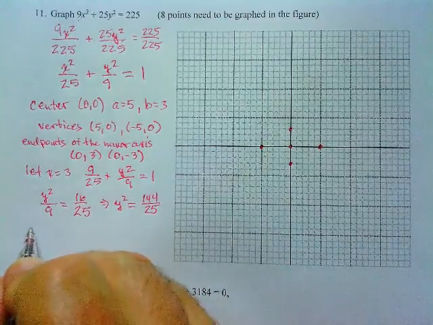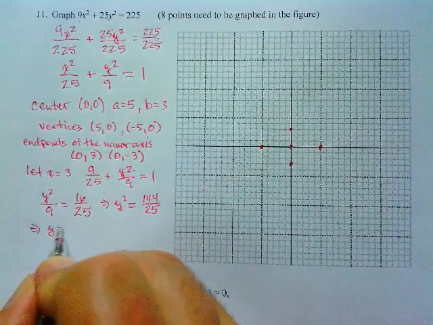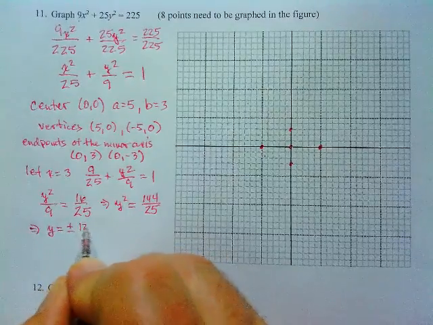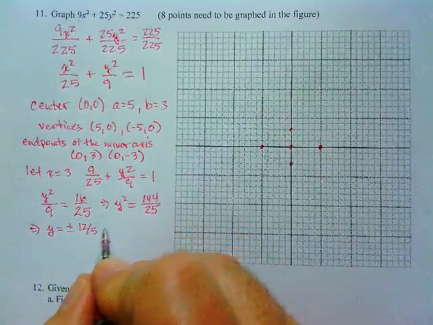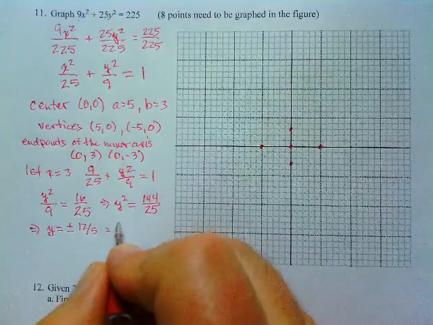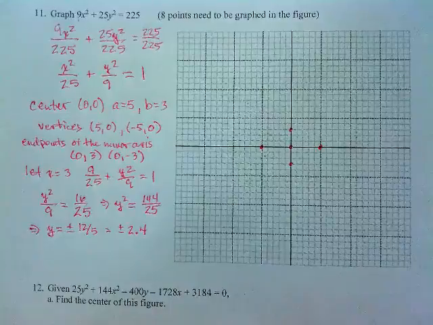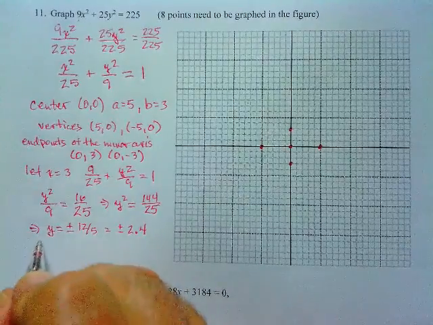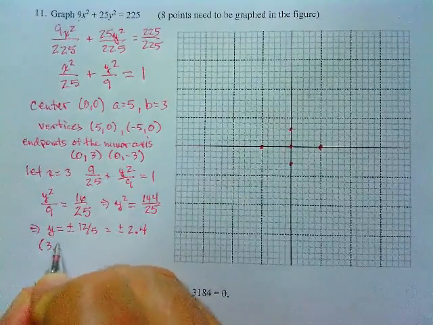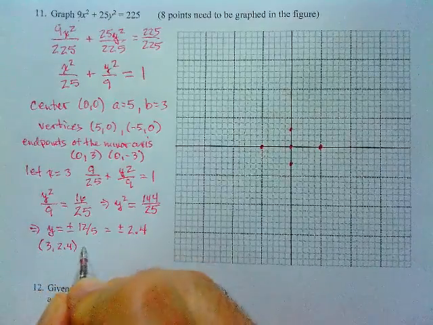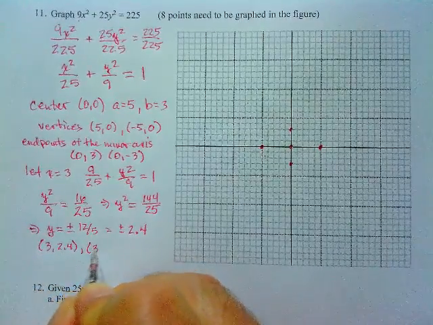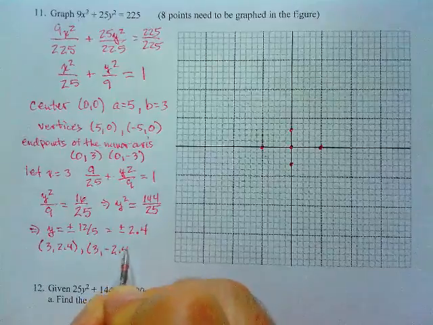So that leads to y equals plus or minus 12 over 5, which again we're going to graph, so we'll do decimals, plus or minus 2.4. So since we used x equals 3, we have 3, 2.4 and 3, negative 2.4.